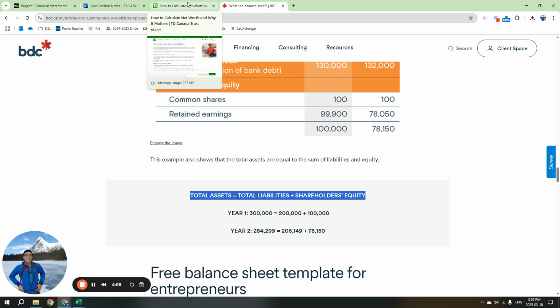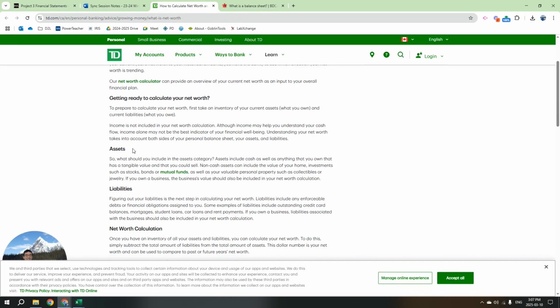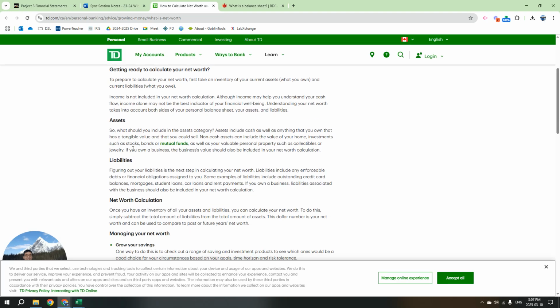And if we translate that to personal finances, right? This is what's called net worth. Your equity is your net worth. So if you were to look at all your assets, your money in your bank account, the phone that you own, the computer that you own, things like that, the clothes that you own, subtract out any liabilities, any money you owe to your siblings or to your parents, then you have your net worth.